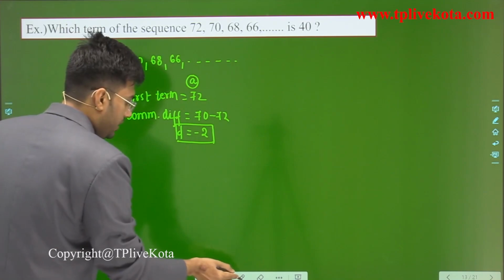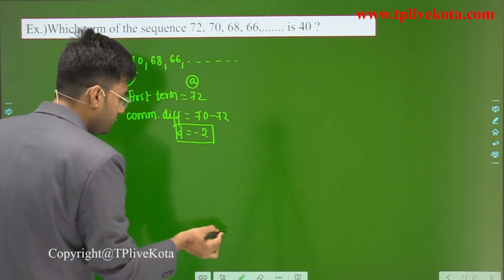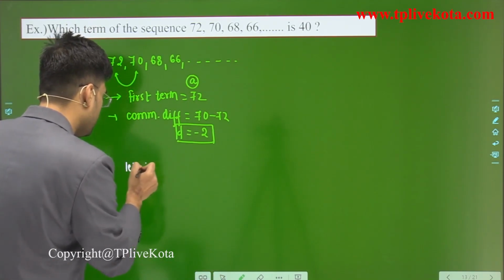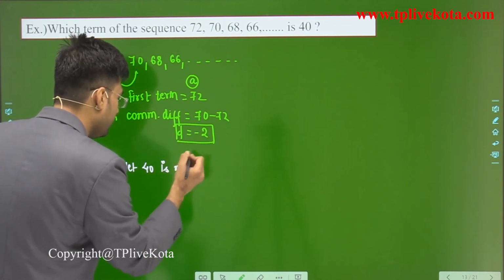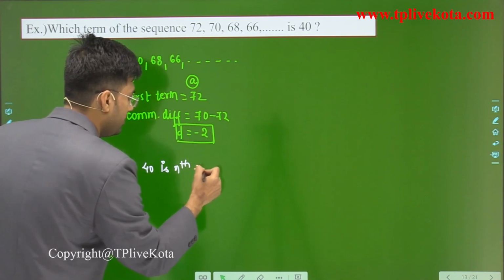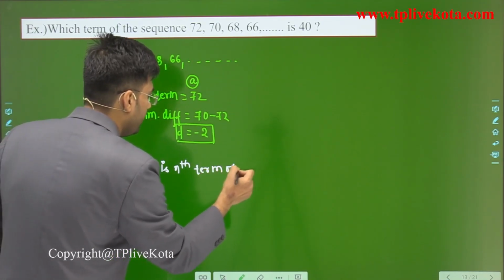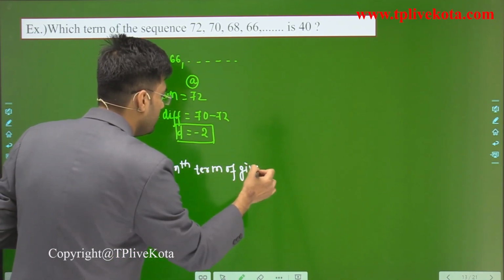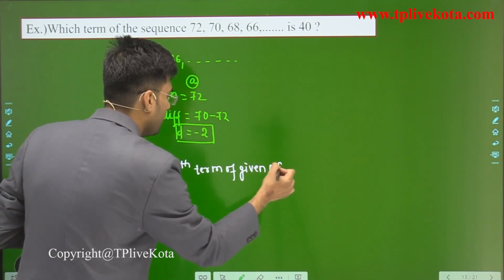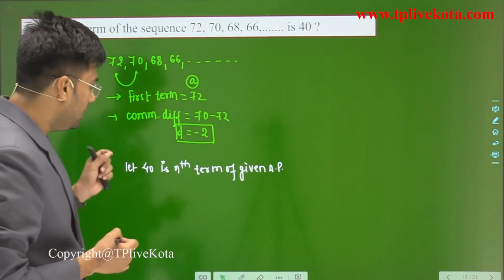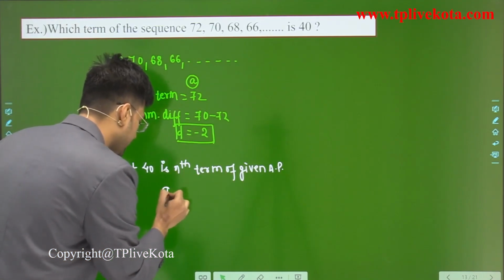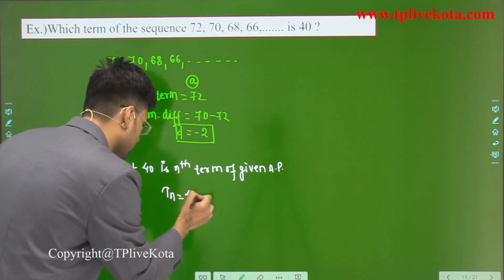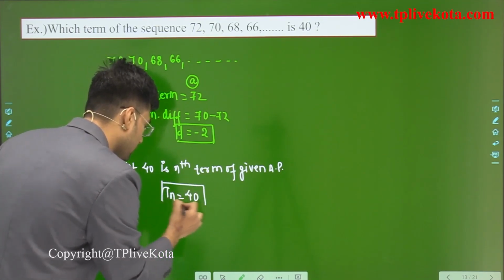Now let's assume 40 is the nth term of the given AP. Clear? If it is the nth term of the given AP, then we can write Tn is equal to 40.